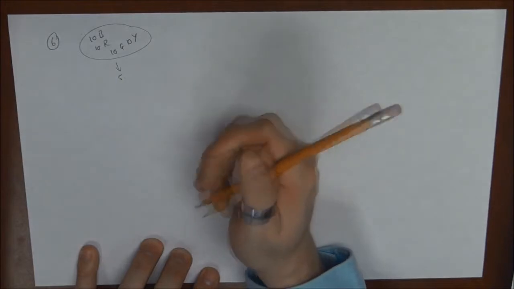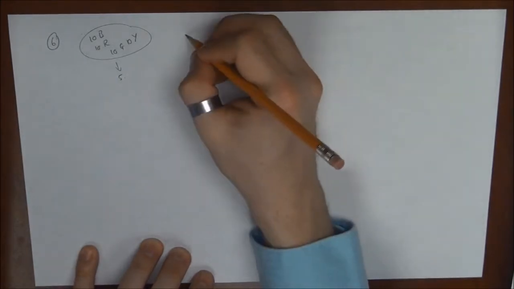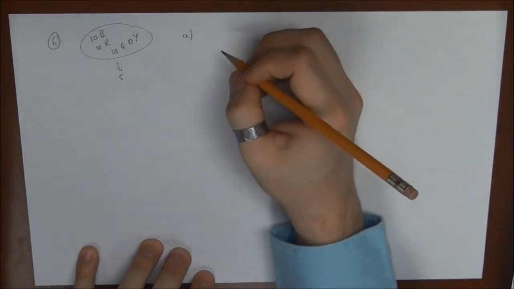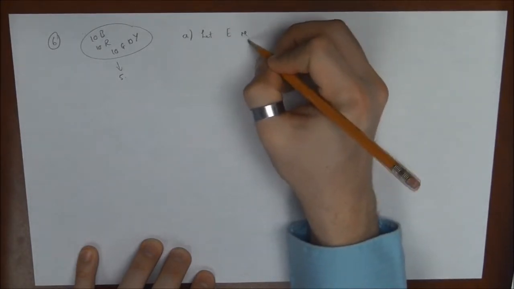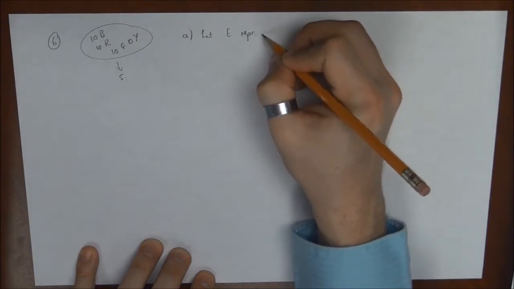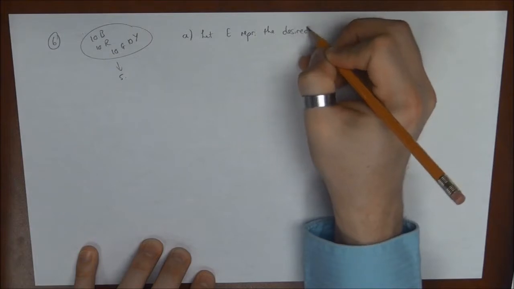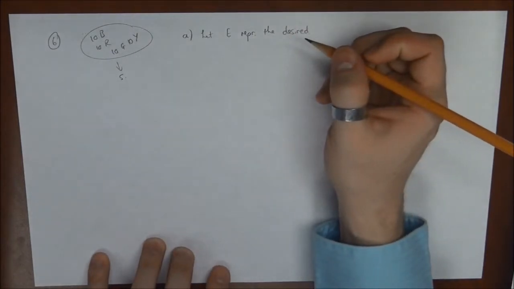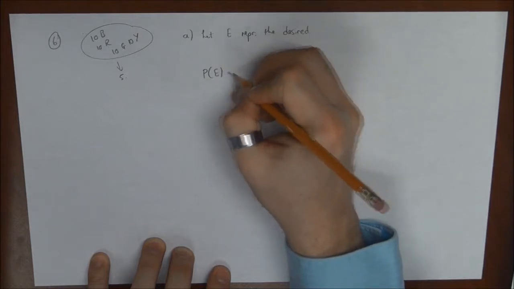Just a selection. They're not saying anything about arranging. So in A, I want only green balls. Let E represent the event that they're asking for. So I'll just say let E represent the desired event, so that I can then talk about the probability of E.